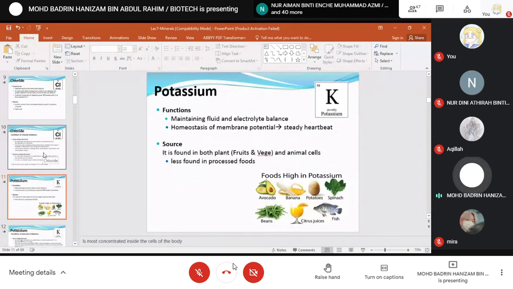All right, what else? The next macro mineral that can be found abundant in our body is potassium. It is sodium, chloride, and potassium. We don't have problem to get these macro minerals in our body because we can get a lot in our diet. The function of potassium: maintaining fluid and electrolyte balance, homeostasis of membrane potential.